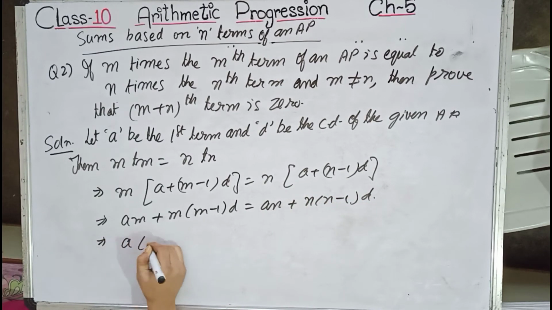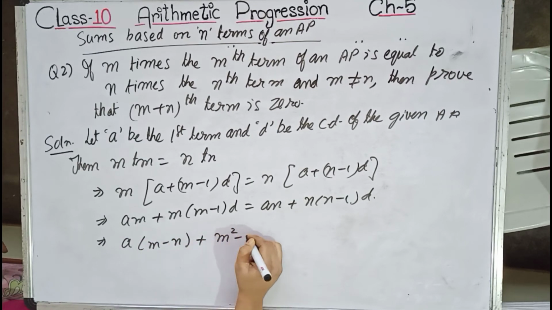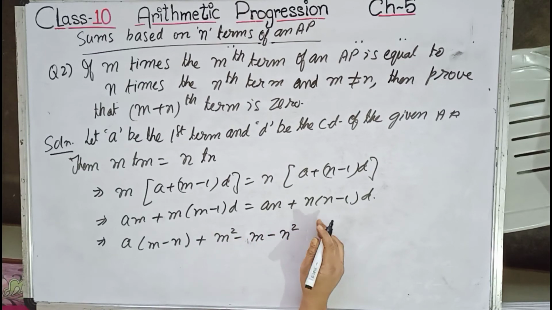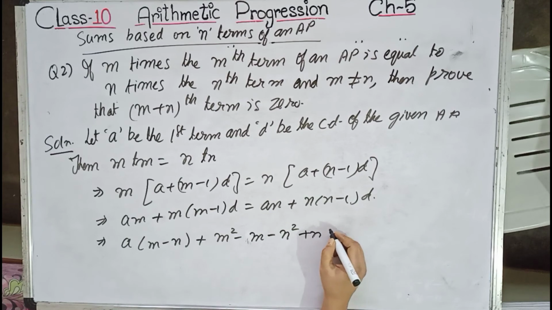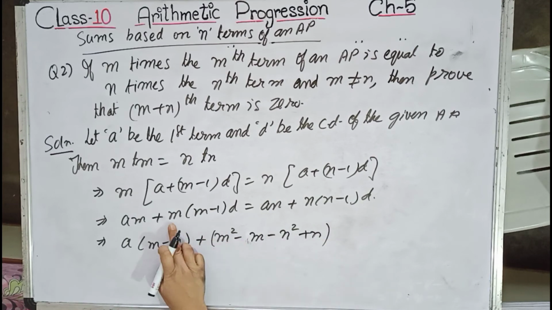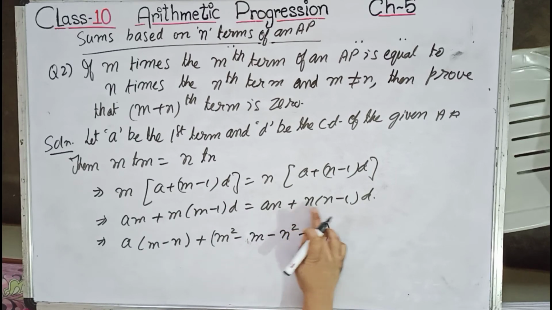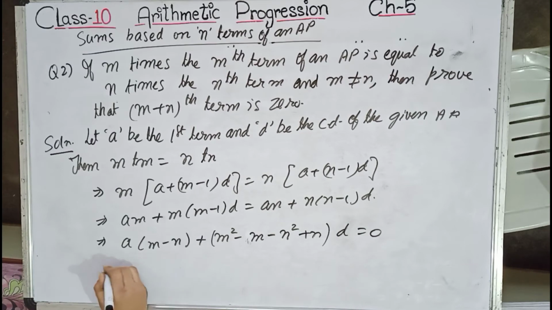This implies a into m minus n plus m square minus m minus n square plus n. Terms of a and terms of d I am keeping at one place. M square minus m, this will go this side with a minus sign, so minus m square and minus minus plus n into d equals 0.